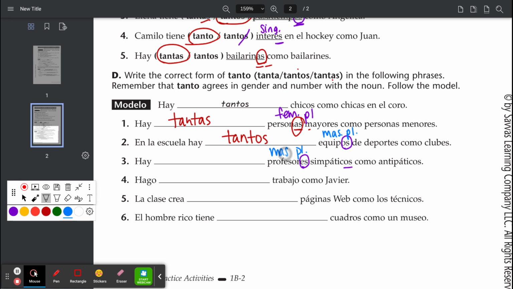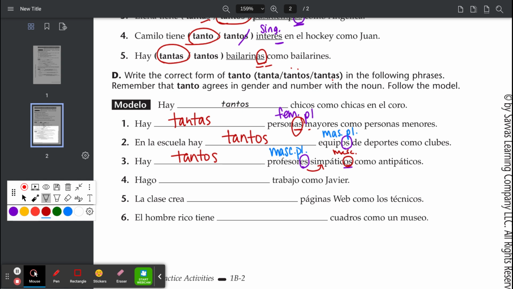But in this case, profesores is masculine. So masculine plural, then we would use tantos again. So hay tantos profesores simpáticos como antipáticos. So because it ends in ES, and if you're not quite sure, it has the word simpáticos here to describe it, and simpáticos ends in OS. So therefore, we know that it is masculine.